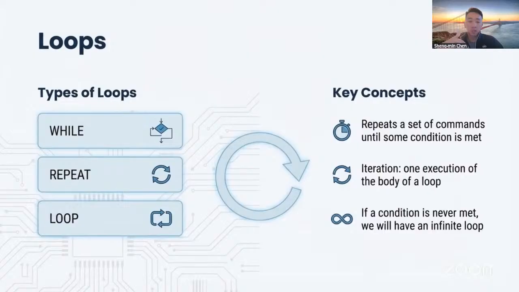When it finishes all the instructions, it checks back whether the initial condition is still valid. If the condition is no longer met, your procedure will jump outside of the circle to execute the next step.